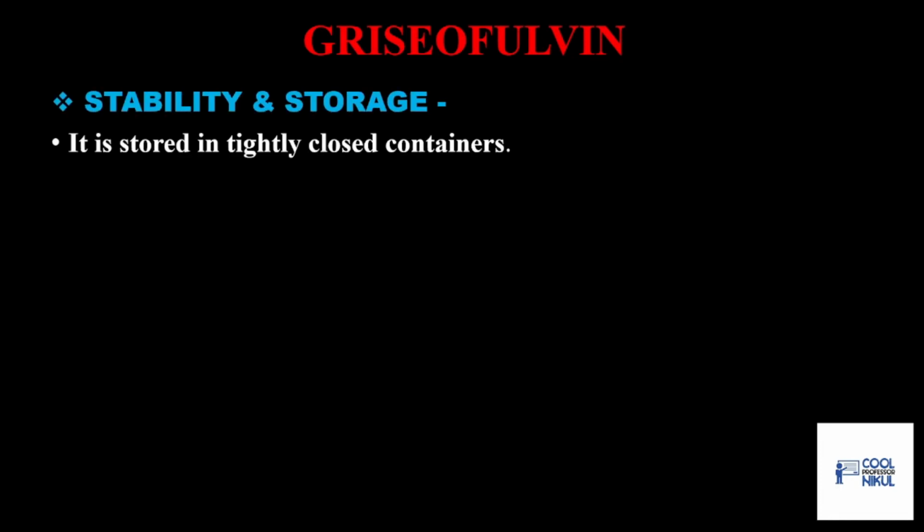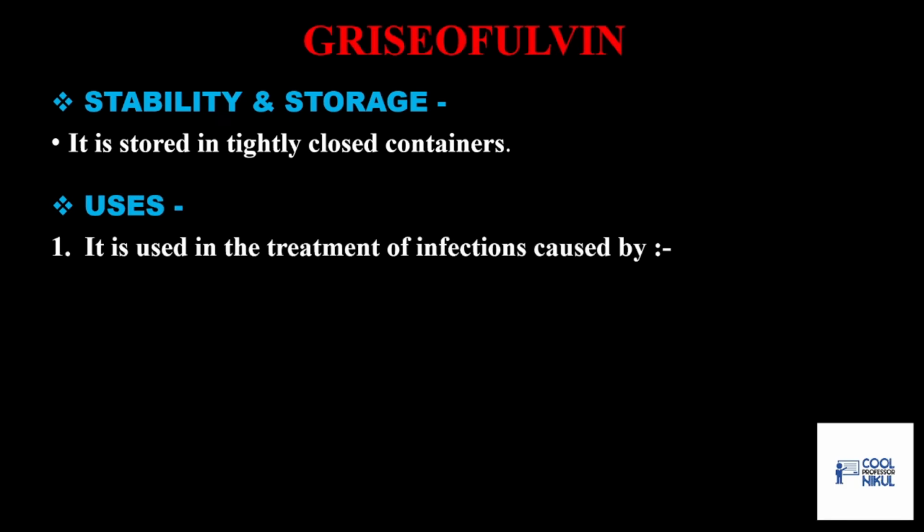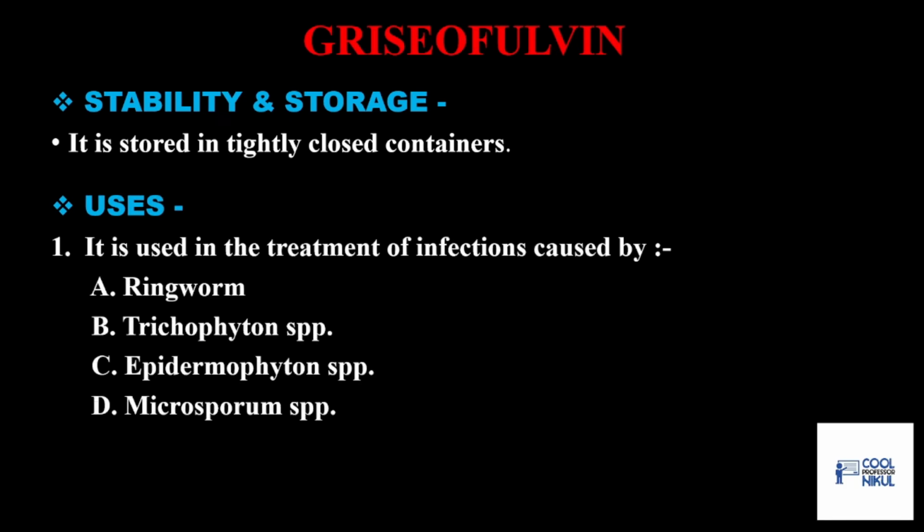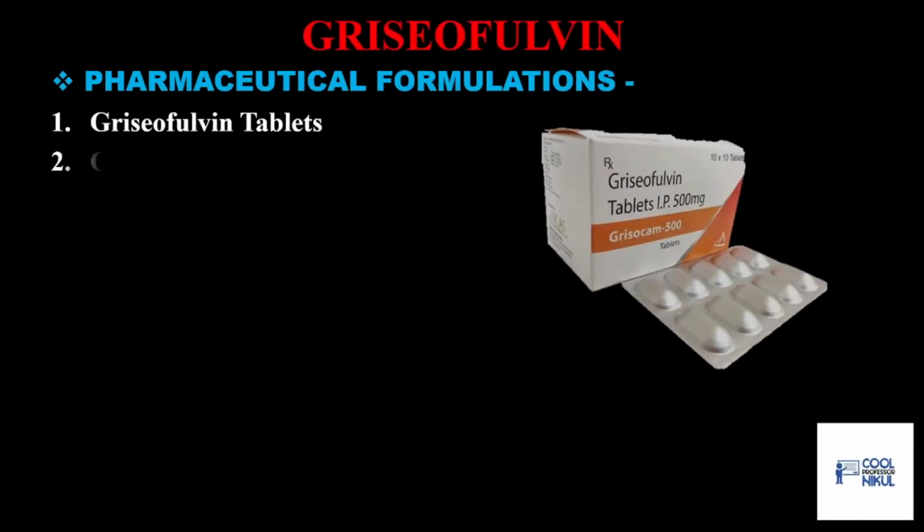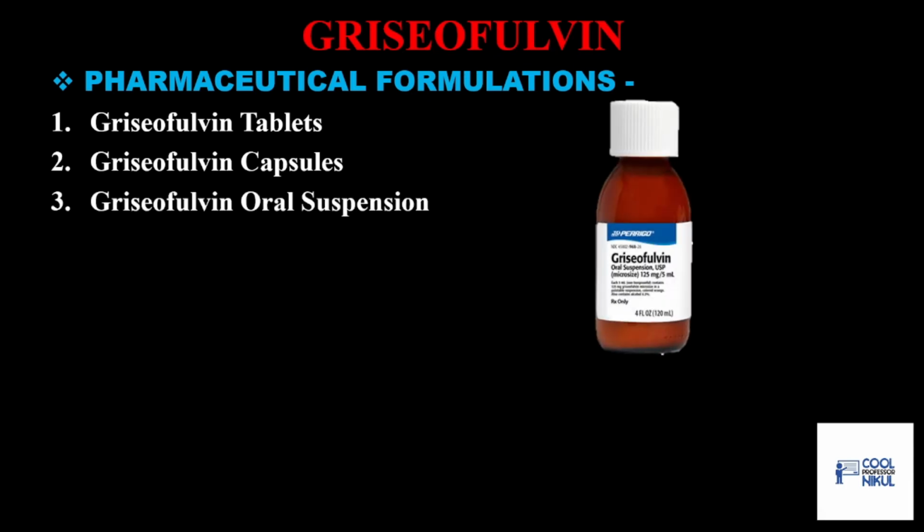Okay, then griseofulvin. For stability and storage, it is stored in a tightly closed container. It is used in the treatment of infections caused by ringworm, Trichophyton species, Epidermophyton species, and Microsporum species. Griseofulvin is available as tablets, capsules, and oral suspension.